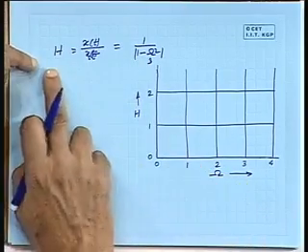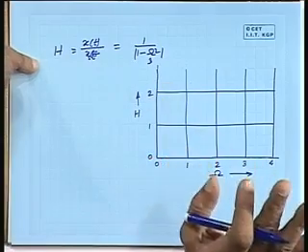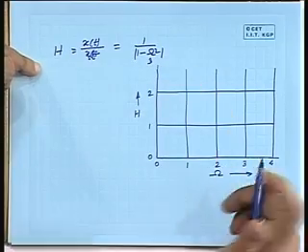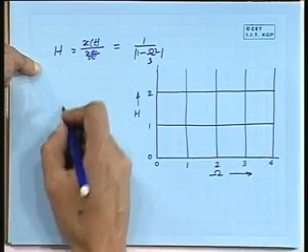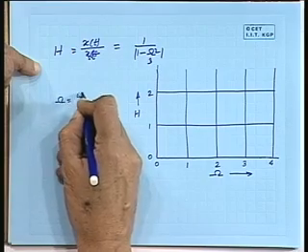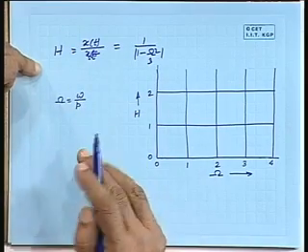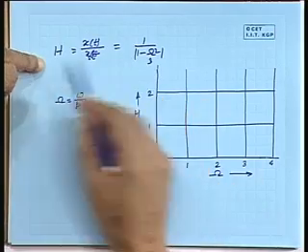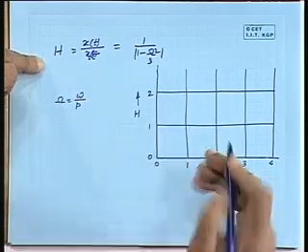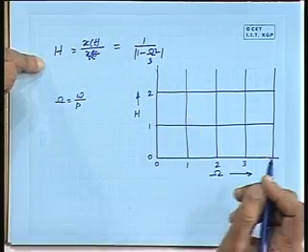Now let us try to see this expression h is equal to 1 by 1 minus omega square, where omega is the frequency ratio, exciting frequency by natural frequency. If the exciting frequency omega is 0, then h is equal to unity, that is this point here.